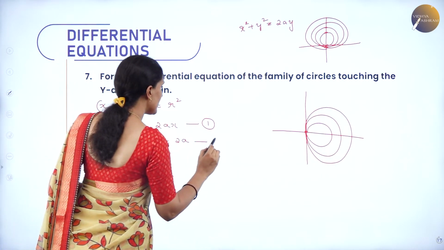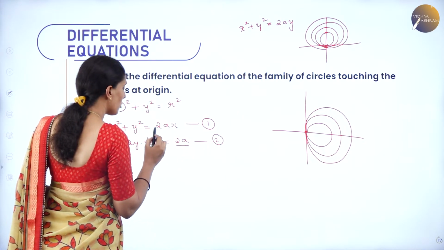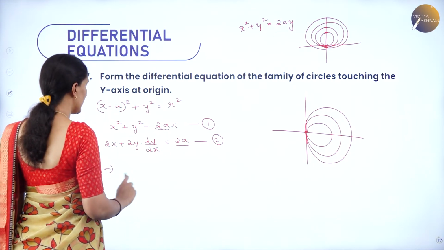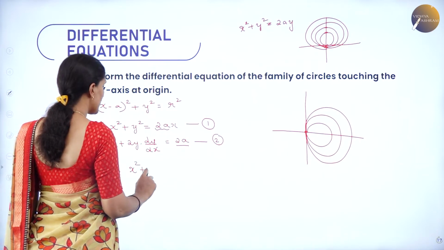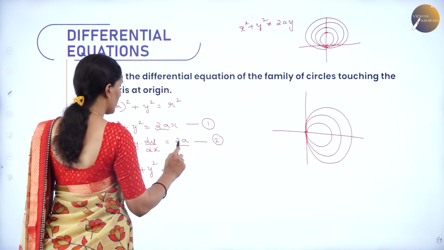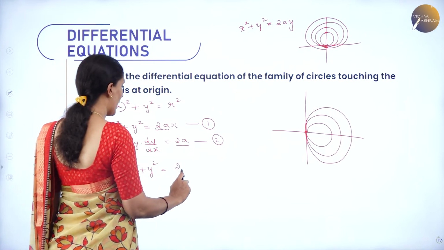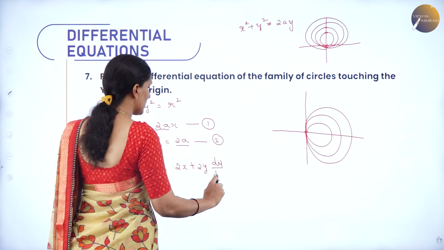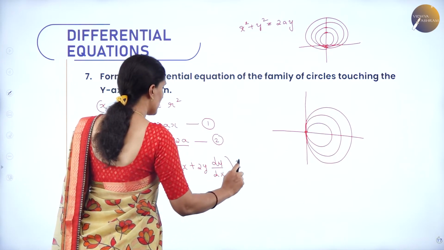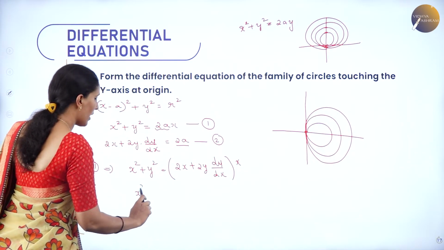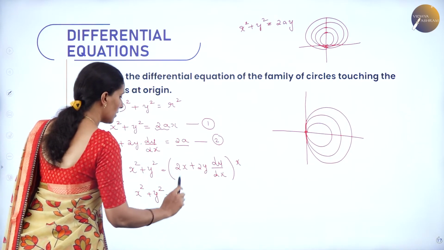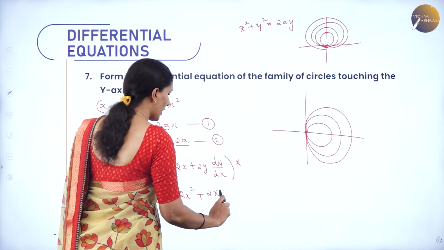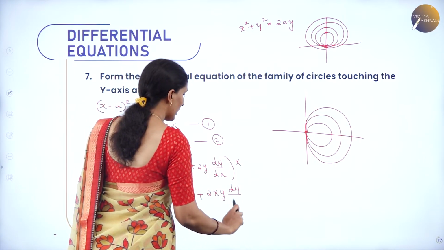Now in the place of 2a, equation 1 implies x square plus y square is equal to, in the place of 2a, we are going to write 2x plus 2y into dy by dx. Outside we have x. So x square plus y square is equal to 2x into x, which is 2x square, and here we have 2xy dy by dx.